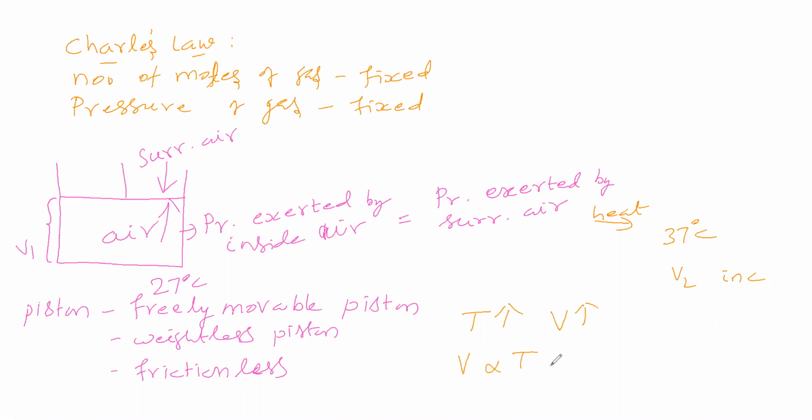Now we will take it like this: V by T is equal to some constant K, because proportionality is there. The volume we have written here, and the temperature comes to the left side, in the sense it comes to the denominator.